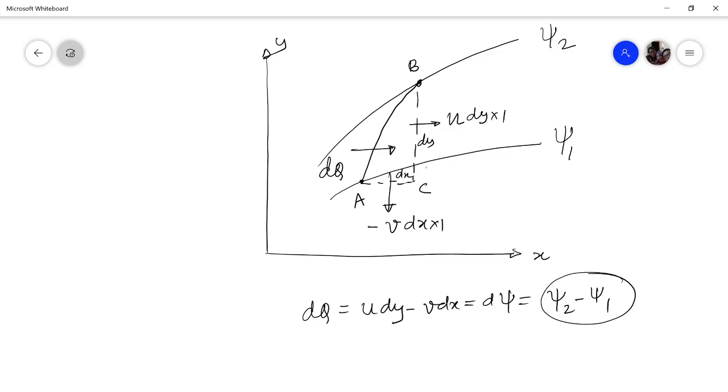Therefore, the difference in the stream function between two adjacent streamlines will give you the volumetric flow rate with which the fluid is moving in between these two lines.